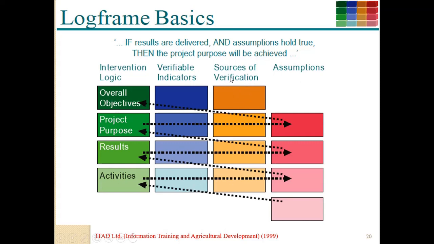So the sources of verification under activity could be that you have budget reports, receipts, or paperwork where participants are signing that they are working, also showing the daily achievements in terms of what activities have been done.